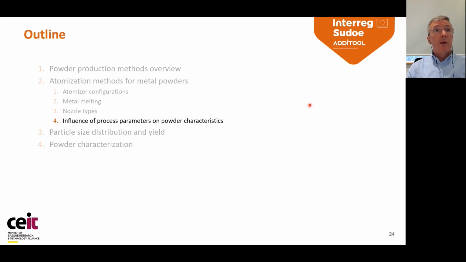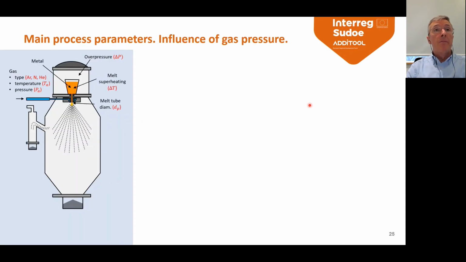I want to say something about the influence of process parameters on powder characteristics. If you have an atomizer, there are a number of decisions you can make to produce powder. First of all, you can choose the type of gas you use. Usually you use inert gases like argon or nitrogen, and in some cases you even use helium, which is very expensive. You can choose the temperature. You can preheat the gas or use room temperature.